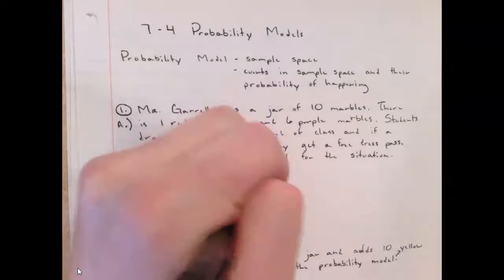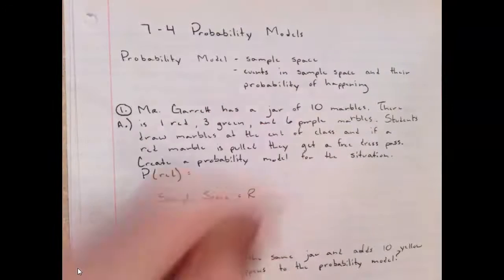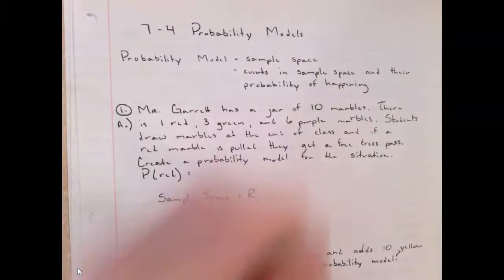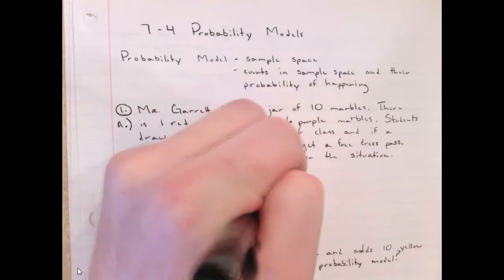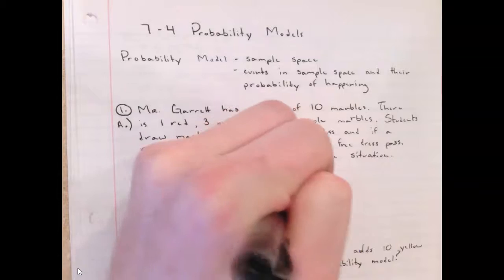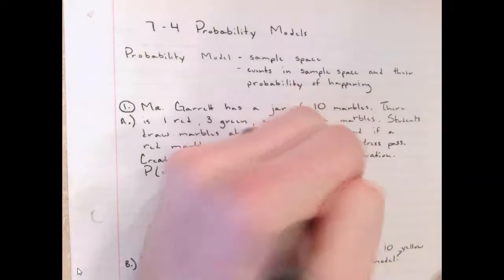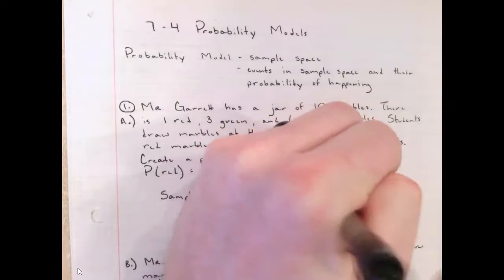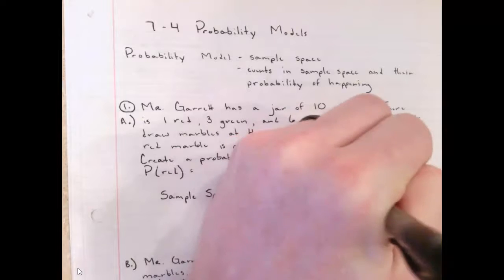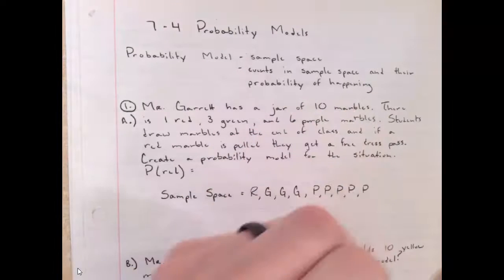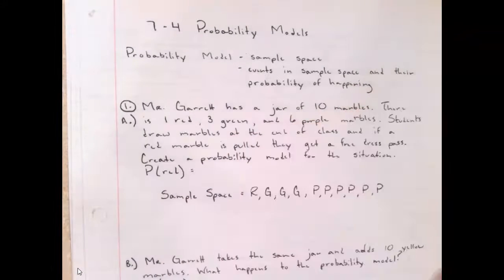I could have a red marble. I could have a green marble. Instead of writing 3G, because 3G doesn't really tell me much, I'm going to write G out 3 times. And then I also have 6 purples, so I'm going to write a P for purple 6 times. So there's my sample space.